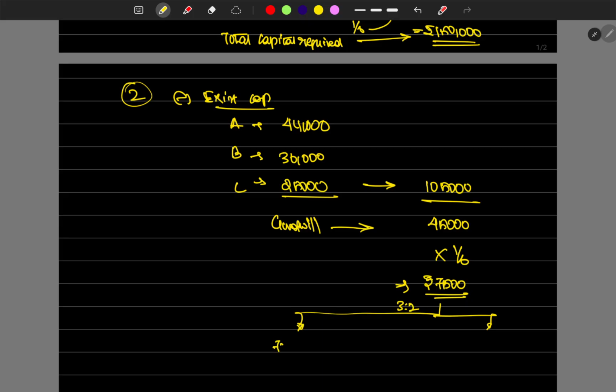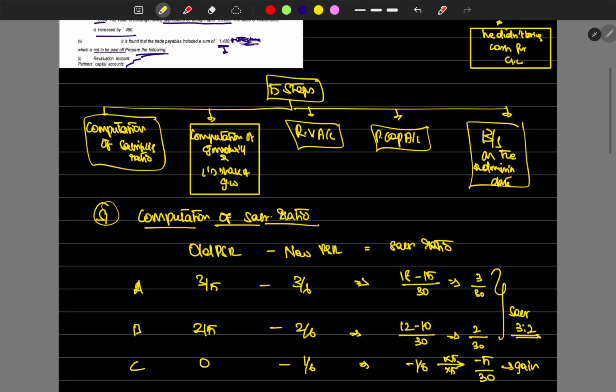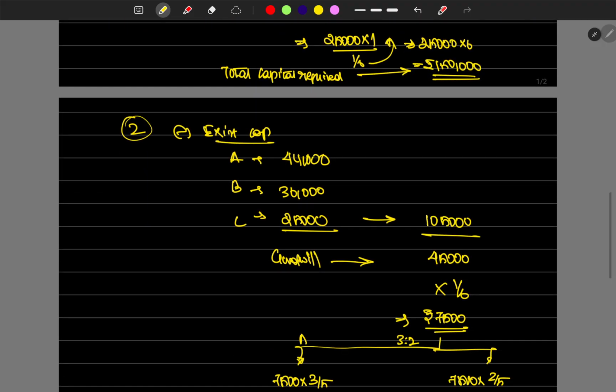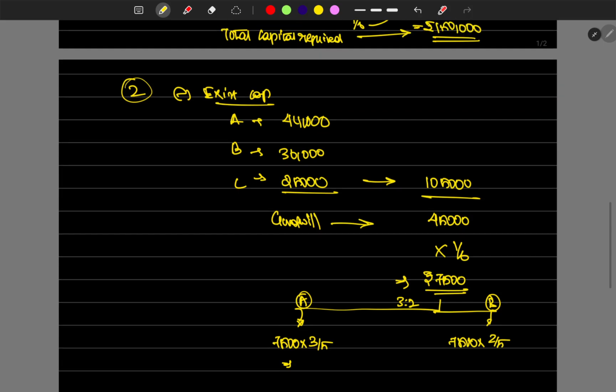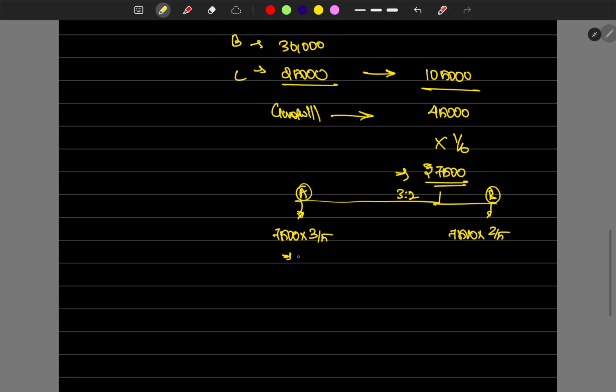So 7,500 into 3 by 5, 7,500 into 2 by 5. A is 3, B is 2. 7,500 into 3 by 5, which is 4,500. 7,500 into 2 by 5, which is rupees 3,000.